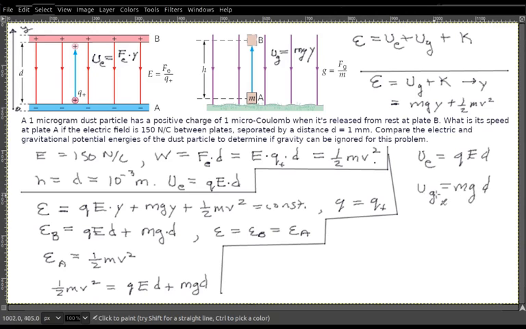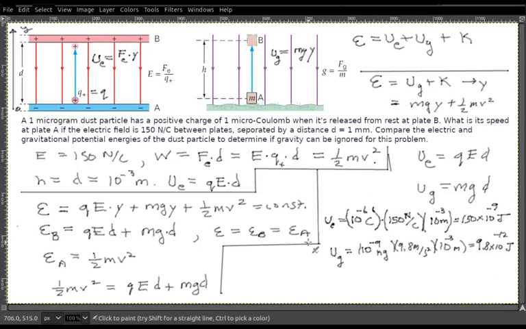Compare those, and if this one is much bigger than this one, then we don't need to include the smaller one. Or vice versa, right? Maybe we don't know right now. We're just going to plug in the numbers and see what happens.